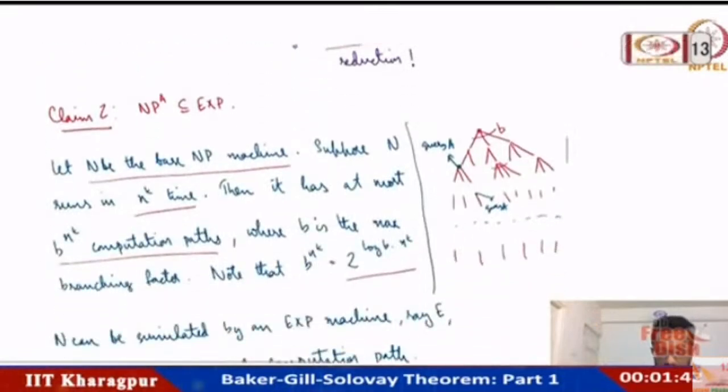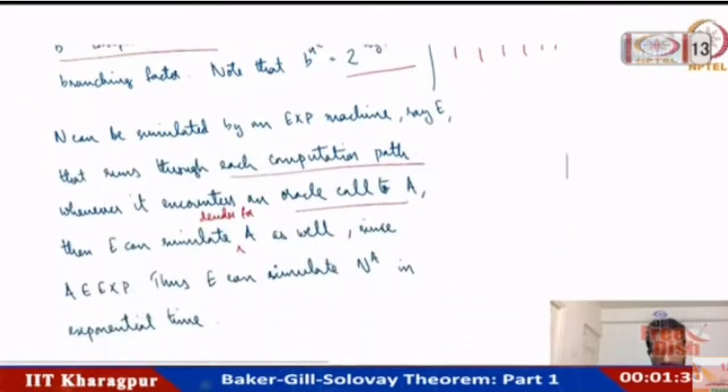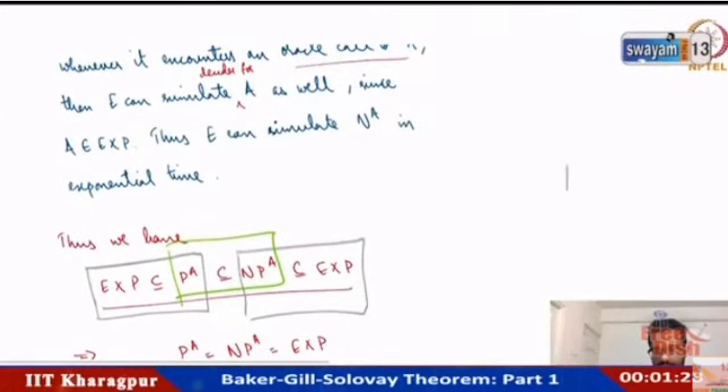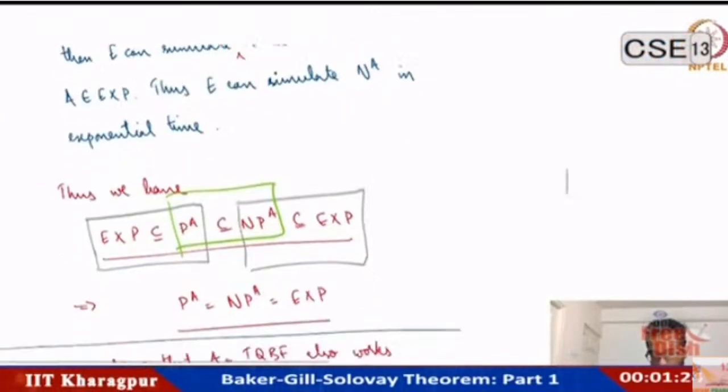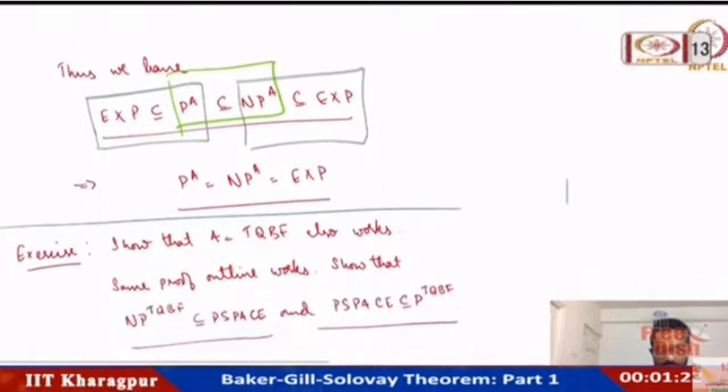And NP power A is contained in exponential time because you could simply run through all the computation paths in exponential time, and whenever there is an A oracle query, that query also can be performed in exponential time. Hence, NP power A is contained in exponential time. And obviously, P power A is contained in NP power A because it's a subclass. Hence, it follows that NP power A equals P power A.